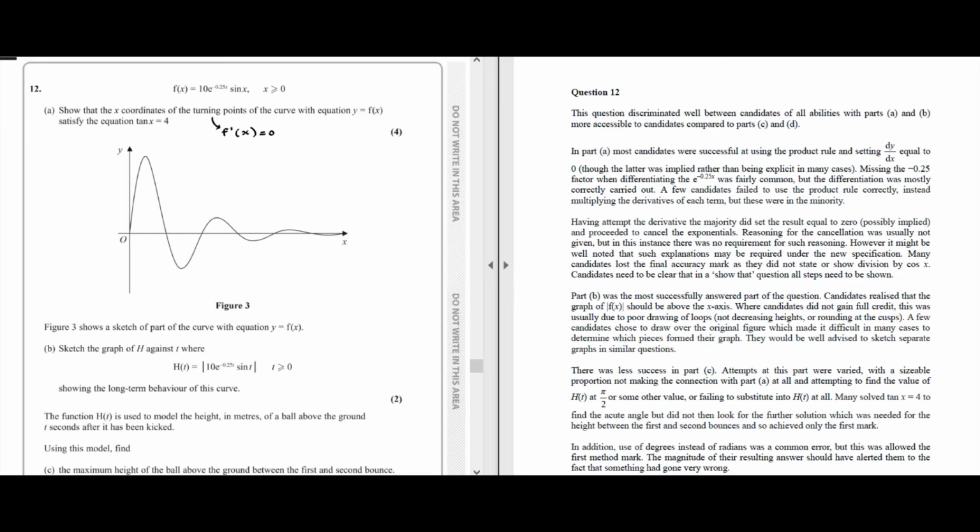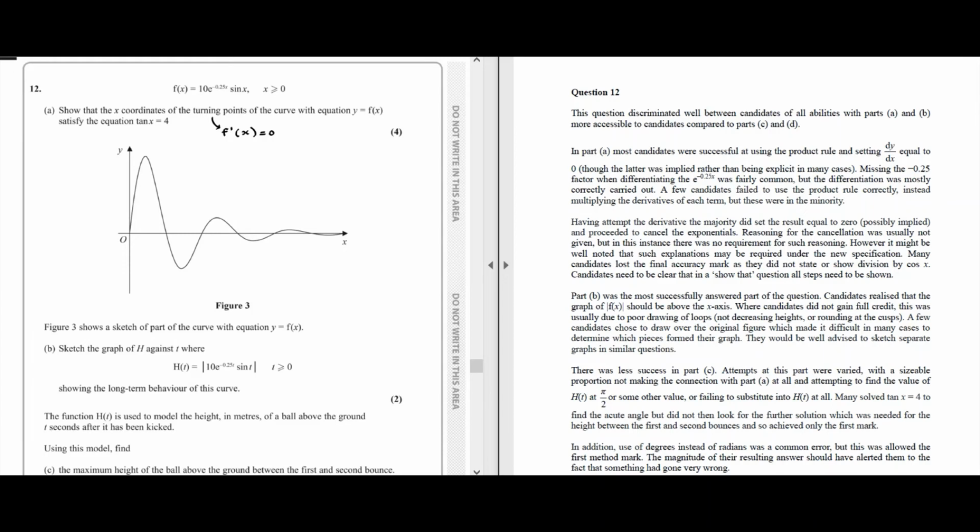Question number 12. This question discriminated between all candidates of all abilities, with parts A and B more accessible to candidates compared to parts C and D. In part A, most candidates were successful at using the product rule and setting dy over dx equal to 0, though the latter was implied rather than being explicit in many cases.